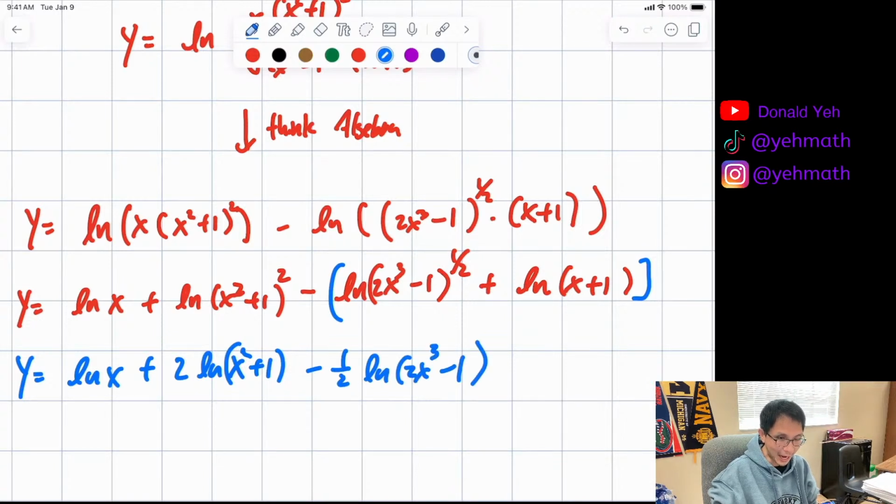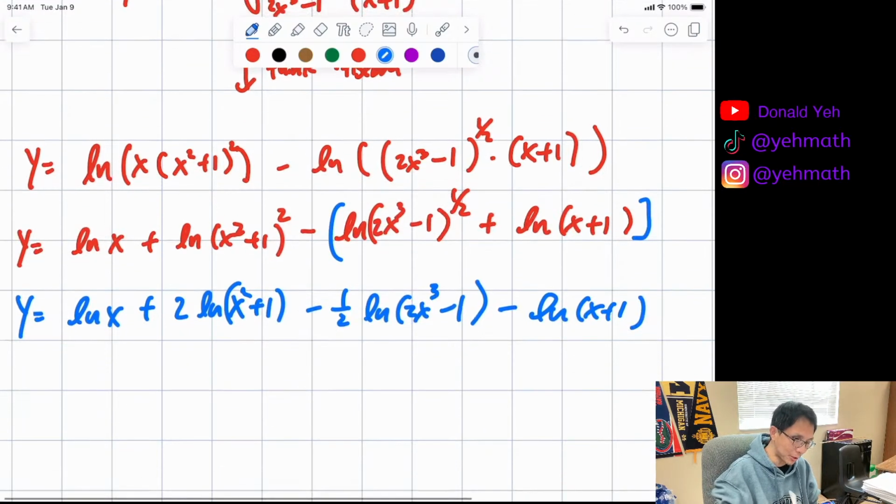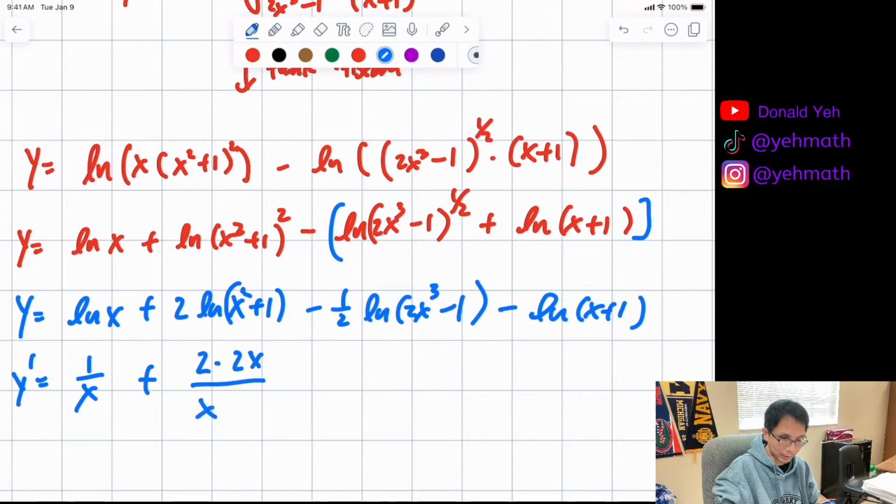And the calculus is actually the easiest part because I can just take a derivative now. If I take a derivative now, what's the derivative of natural log of x? Good. What's the derivative of 2 ln of x squared plus 1? It would be 4x over. Okay, 2 times 2x over x squared plus 1.